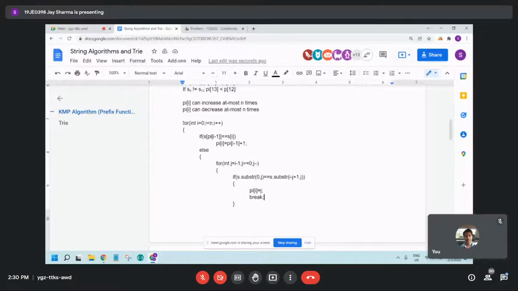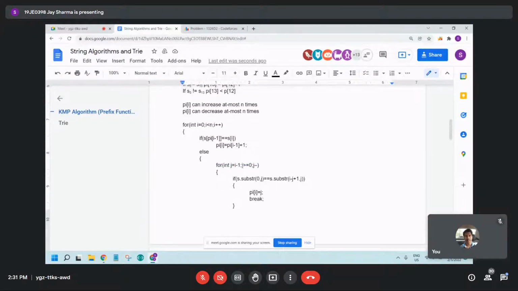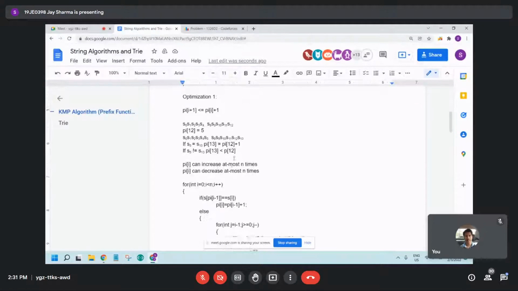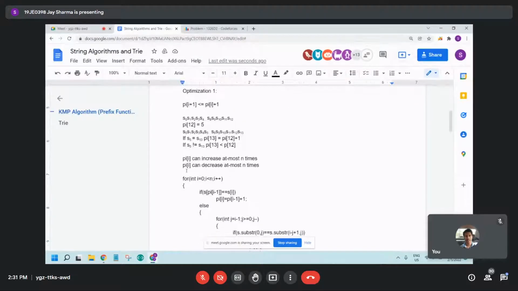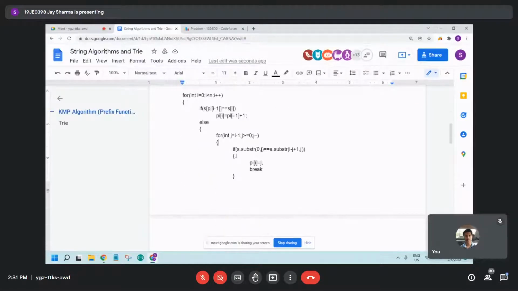And I claim that these whole loops I and j, the total number of times these will be executed will be at most 2n, because the value of j will increase at most n times and the value of j can decrease at most n times.